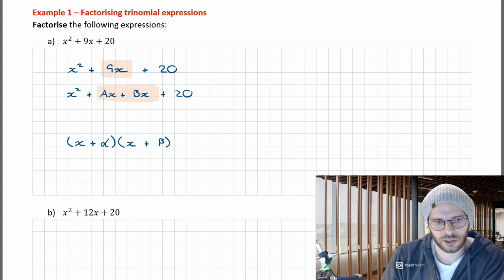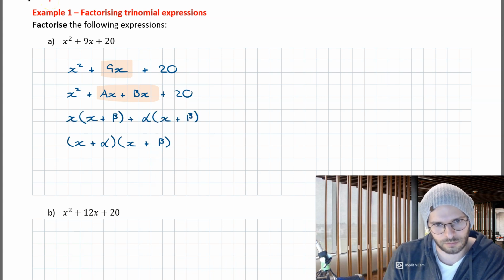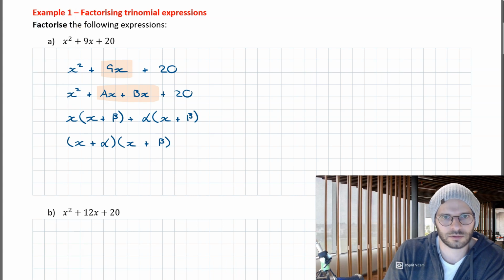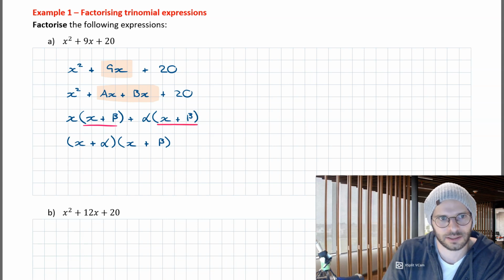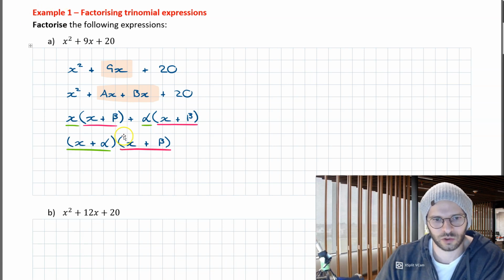So we're going to get x squared plus Ax plus Bx, after which we're going to factorize such that we get something of the form x times x plus beta plus alpha times x plus beta, where you can see that we're able to do our factorization. So you've got two common factors, x plus beta, which go down here, and the leftover x plus alpha, which go over here.